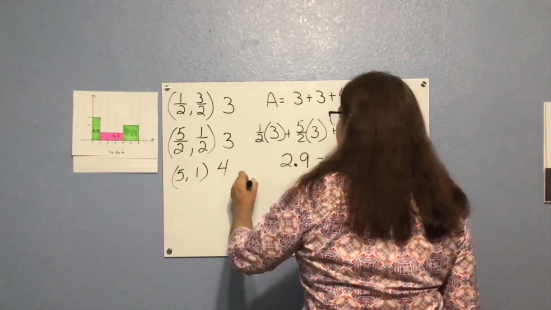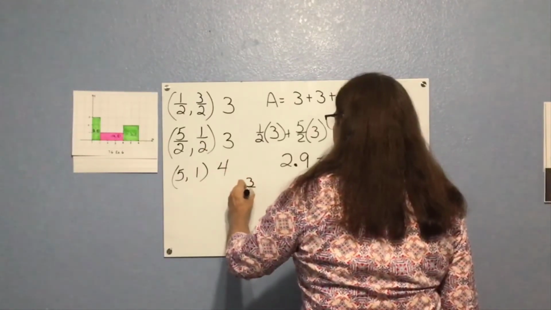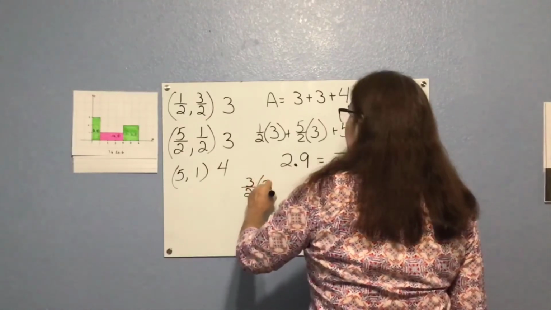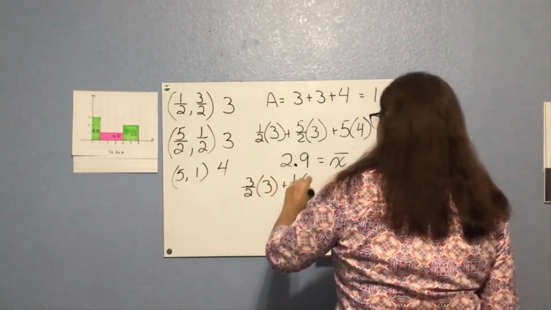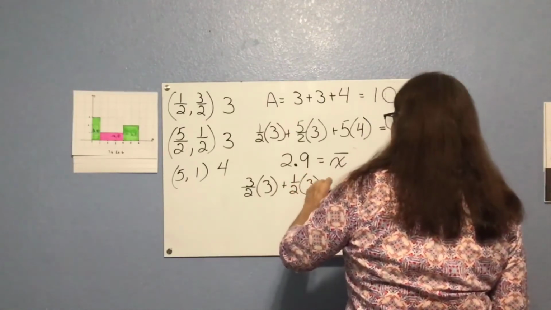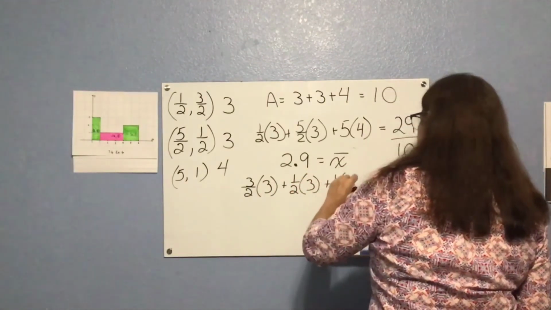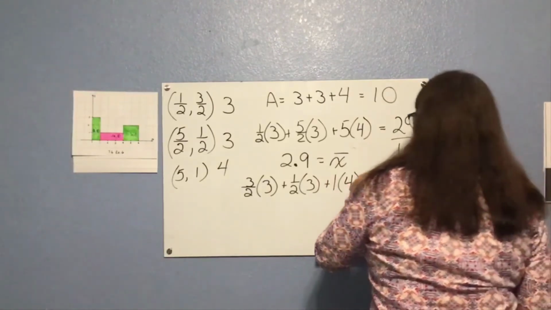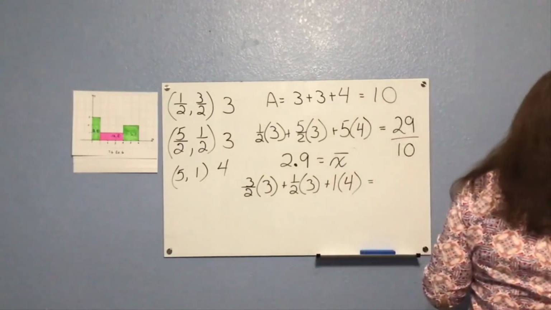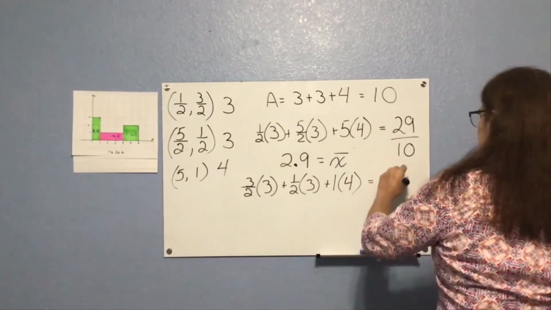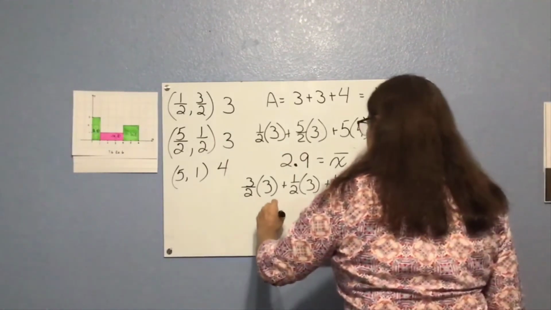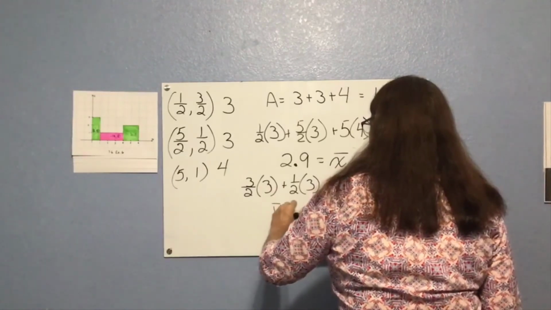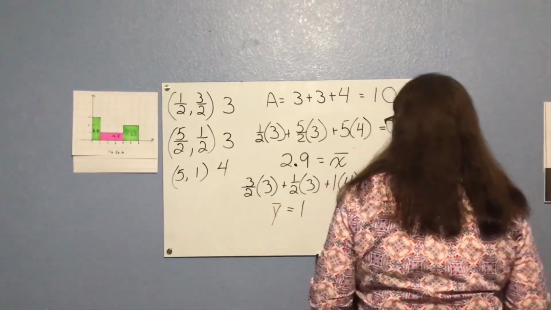So I'm going to have 3/2 times 3 plus 1/2 times 3 plus 1 times 4. This gives me a total of 10, and of course 10 divided by 10 tells me that y bar is 1.